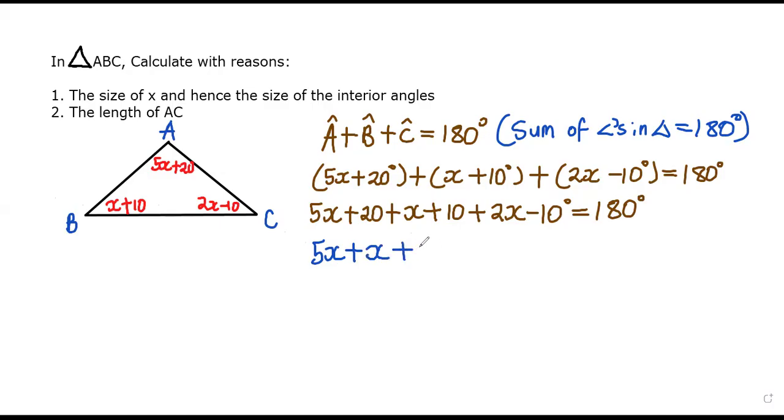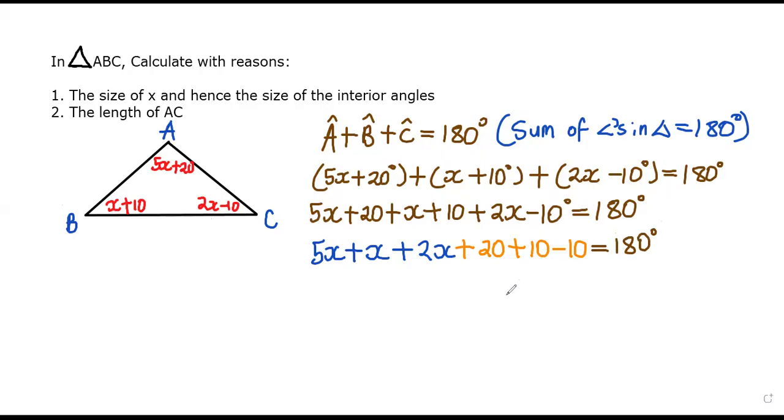Plus, we are pairing it with 2x. And then we also pair like terms that involve the numbers, which is plus 20 degrees, and then plus 10, and then minus 10. Then that will be equal to 180 degrees.